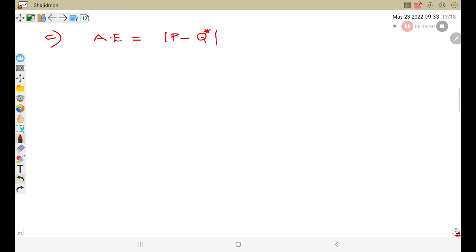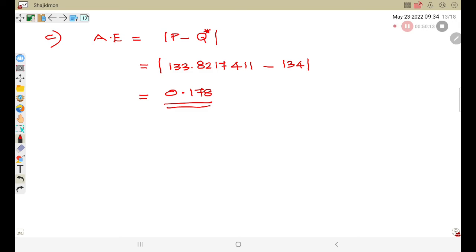P minus Q star equals absolute, P number is 133.82174111 minus, it is given in the question, Q star just now we calculated 134. So totally you will get 0.178. This is the absolute error in the calculation.